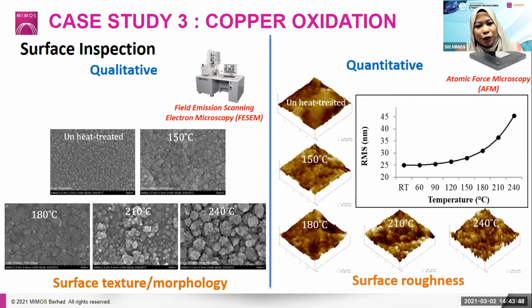It can provide this 3D roughness information. At the same time, we can also obtain either the Ra or RMS value to determine the roughness of the sample surface. For this case, it shows the RMS value showing the roughness change for each sample.